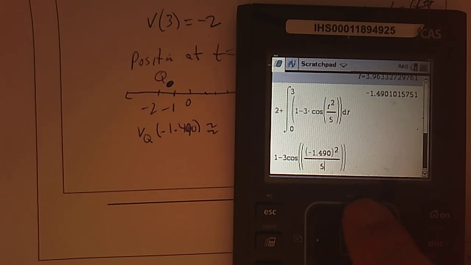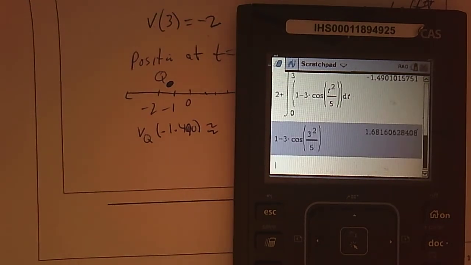Oh, no. Sorry. We want to put in the time, not the position of it. So the time is 3. I'm sorry. So 3 squared over 5. And I get 1.682.